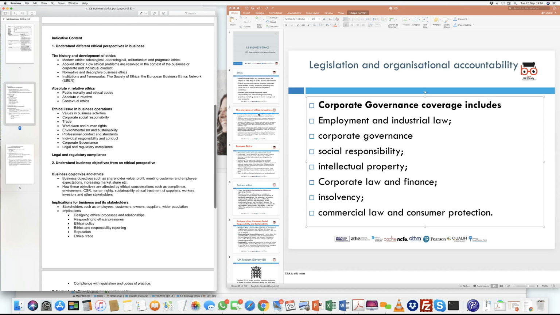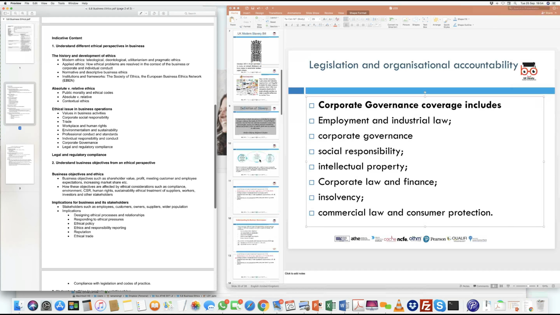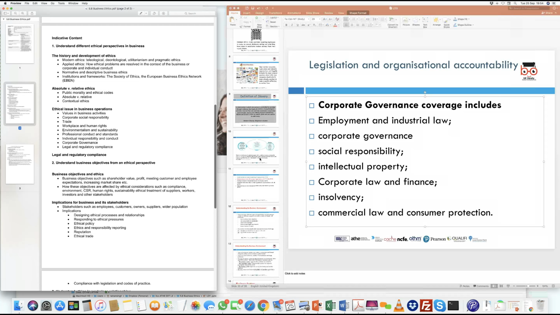The second is we need to understand how the legislation created by the government to ensure that businesses have some ethics for operability is at the root, and that legislation essentially creates accountability. And the third thing is what is the effect and interpretation of these ethics for different stakeholders of the organization.